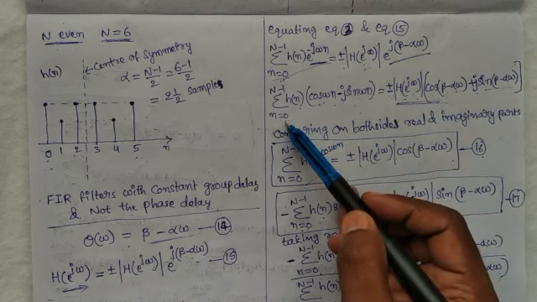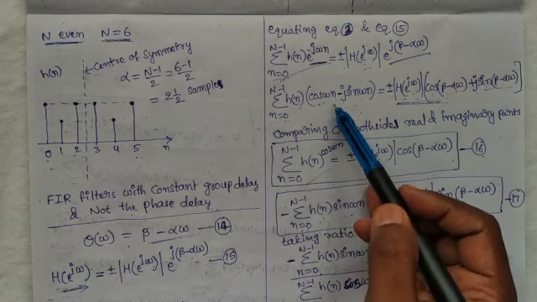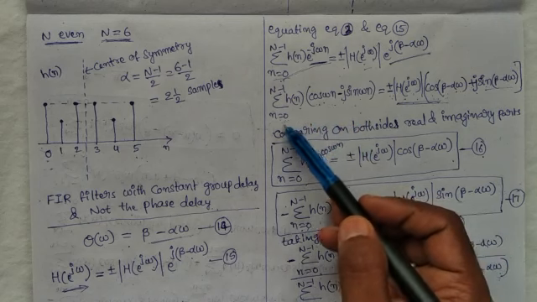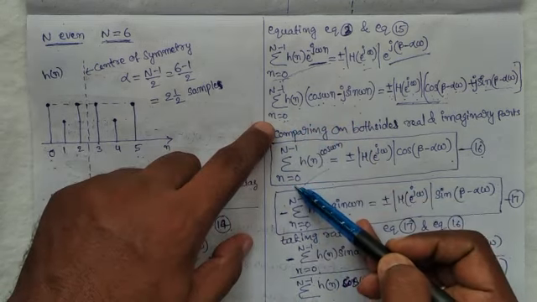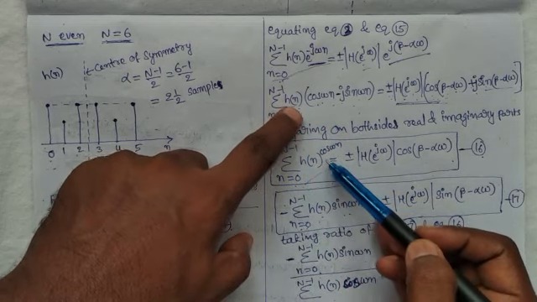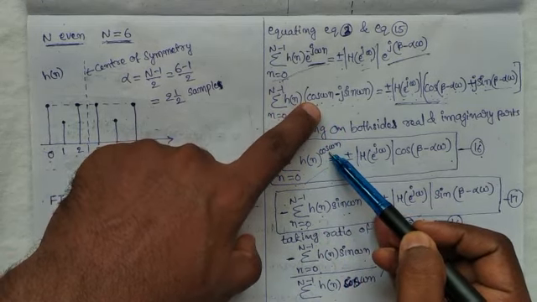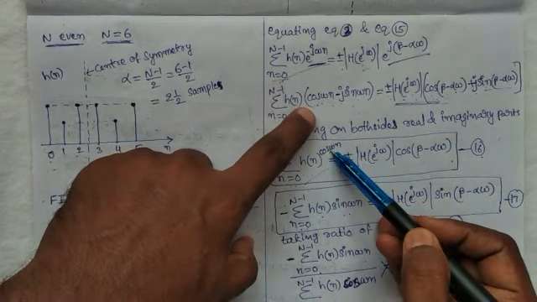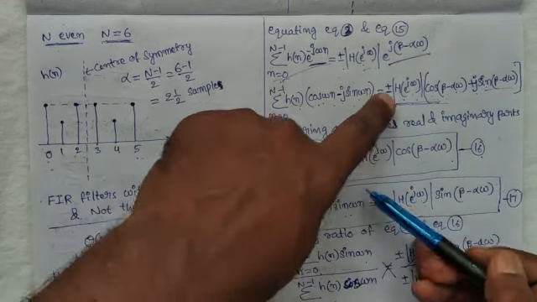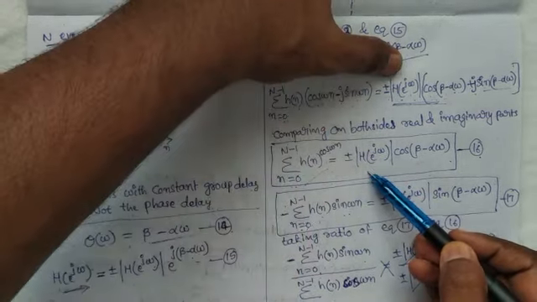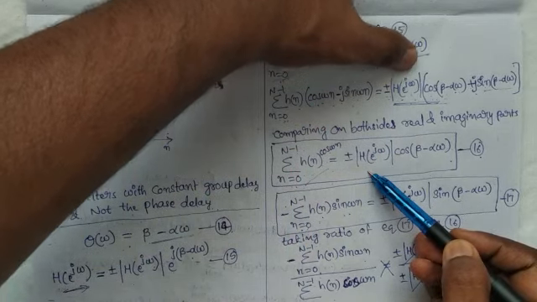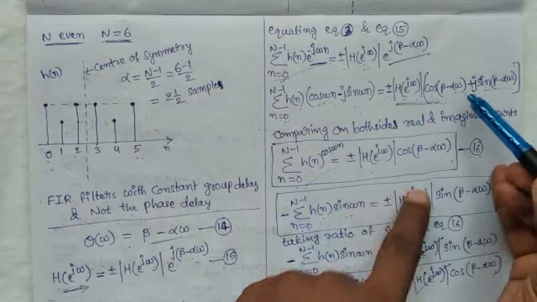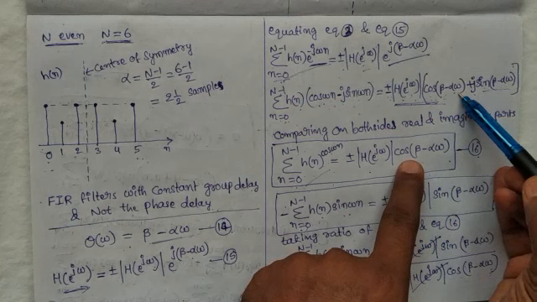First of all we are observing the real parts. On the left hand side the real part is summation n equals 0 to capital N minus 1 h of n into cos omega n. On the right hand side the real part is plus or minus mod H of e power j omega into cos of beta minus alpha omega.